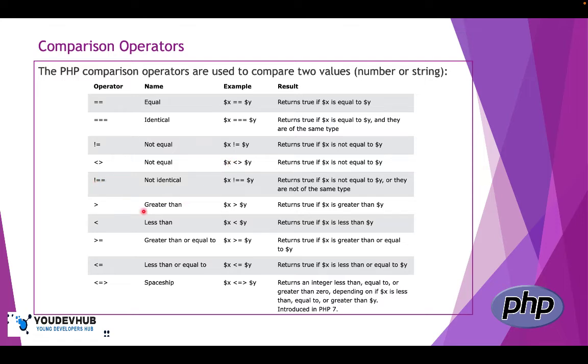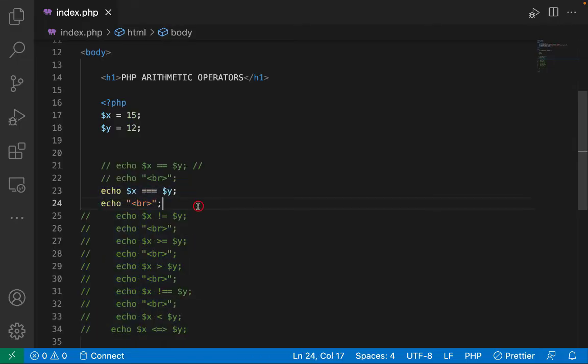We have greater than, less than, greater than or equal to, less than or equal to. Then we have a spaceship. The spaceship returns an integer less than, equal to, or greater than 0, depending on if x is less than, equal to, or greater than y. So we'll be seeing these examples in the text editor.